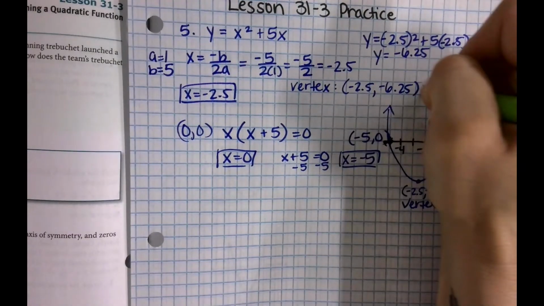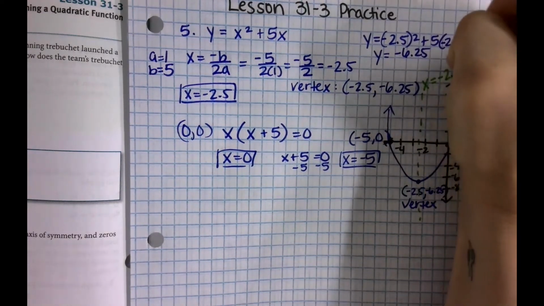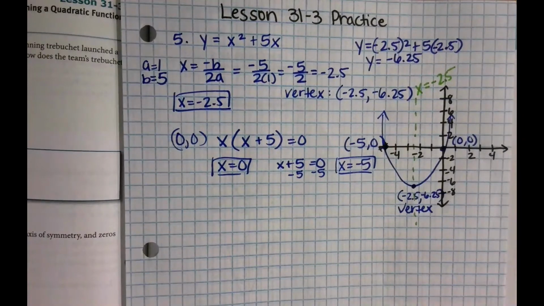And then let's draw a line for our axis. And our axis of symmetry is x equals negative 2.5. Pause the video and try number 6 on your own, and then come back to the video and check your work with me.